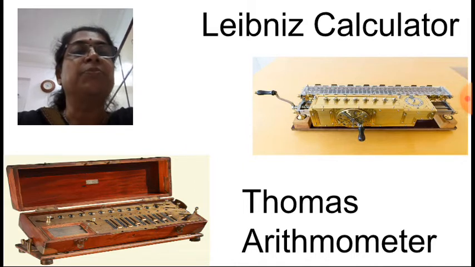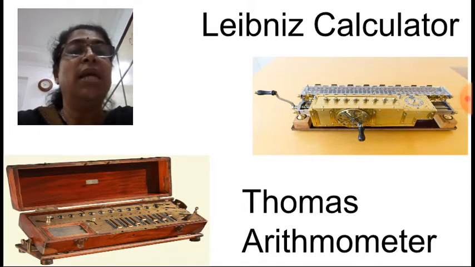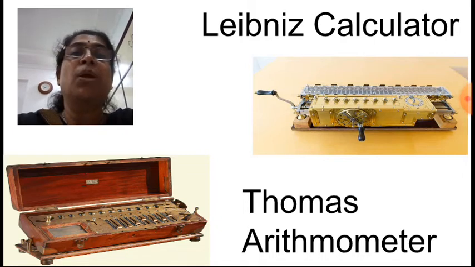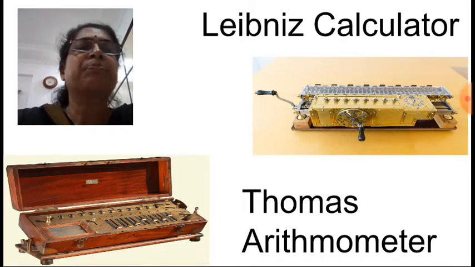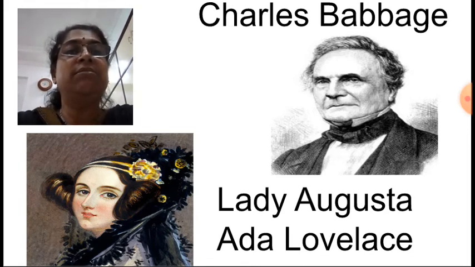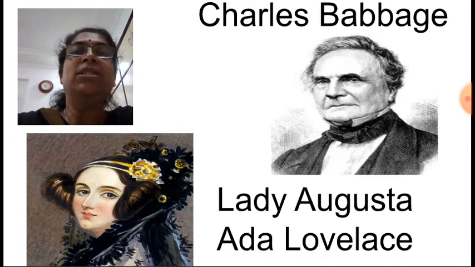After that, Charles Xavier Thomas, nearly in 1820, developed one more device, called the Thomas arithmometer. Now after that, nearly in 1822 or 1833, Charles Babbage introduced the difference engine and the analytical engine.